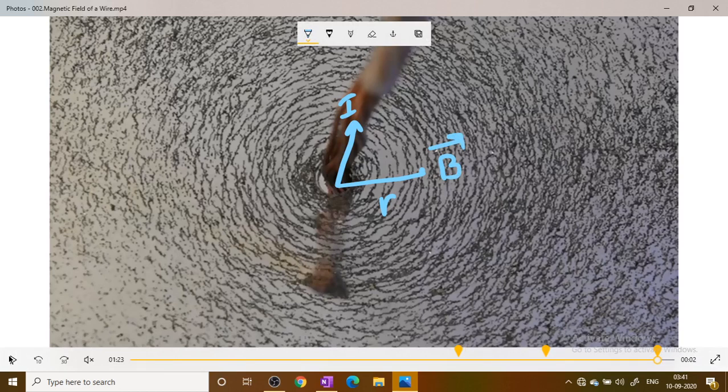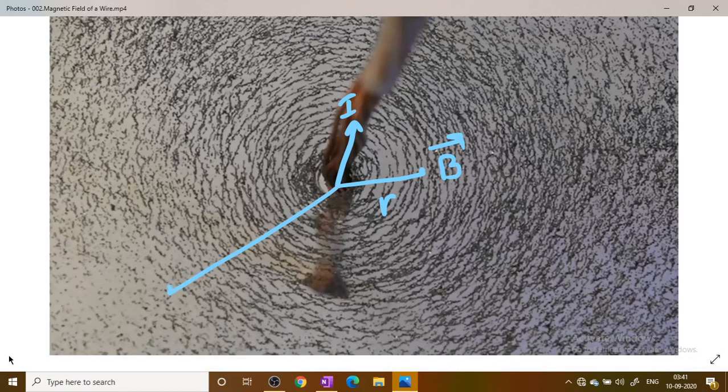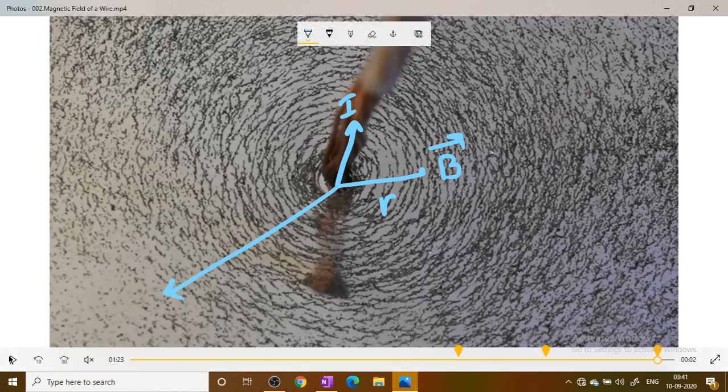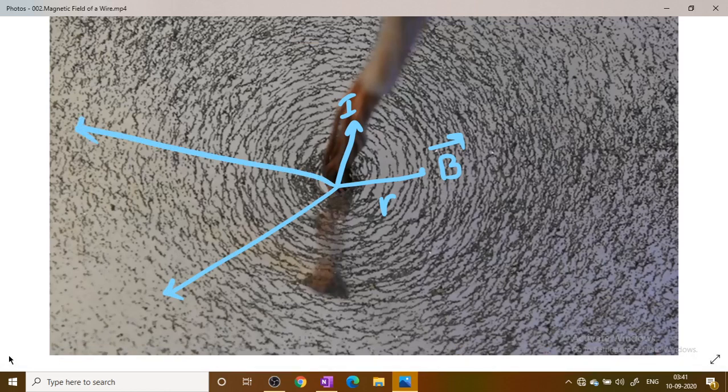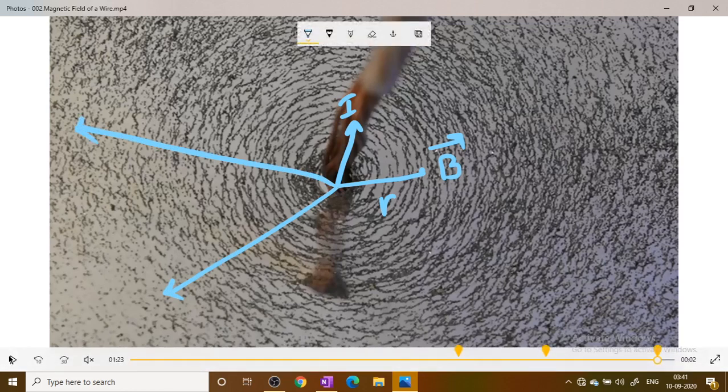And not only here, if you take a nearby point, the strength of the magnetic field decreases when we go far away. But when we are close to the current carrying conducting wire, the strength of the magnetic field is very strong.